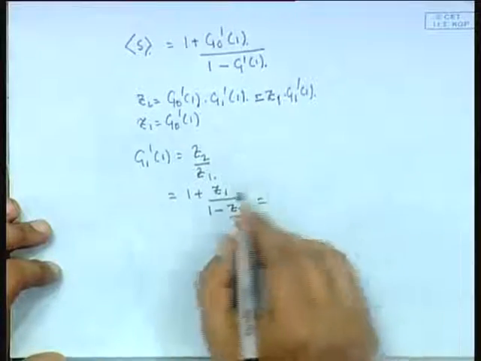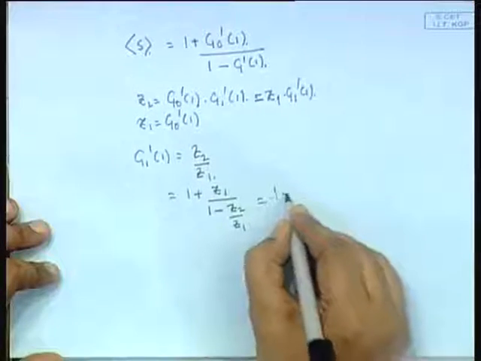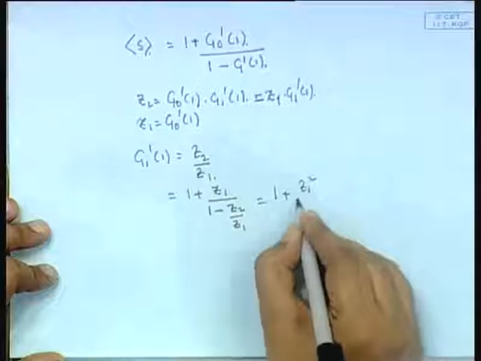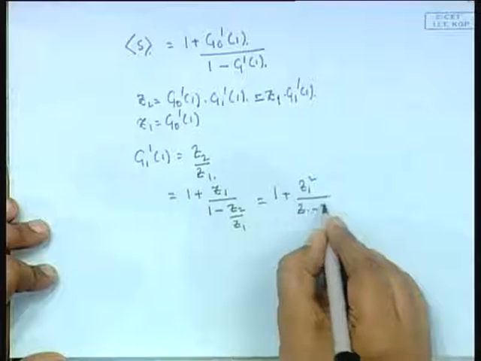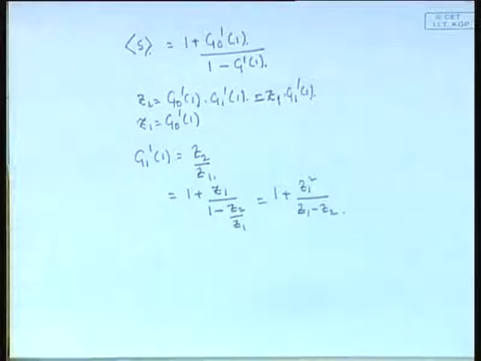Or if you want it in a better way, Z 1 square by Z 1 minus Z 2. Okay. Agreed? Nakul? That is fine.